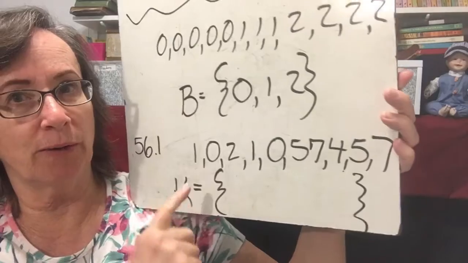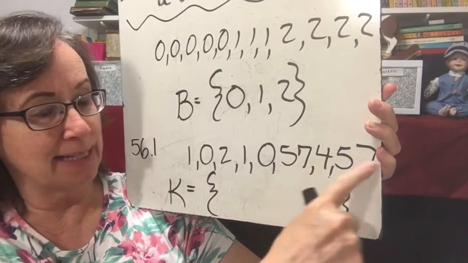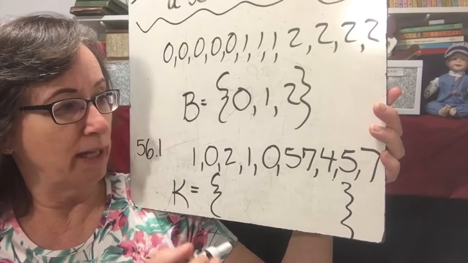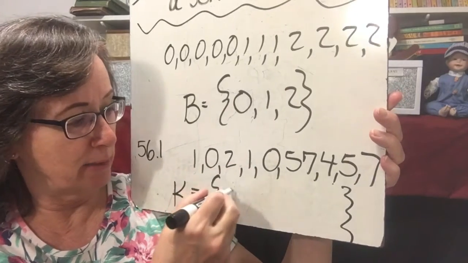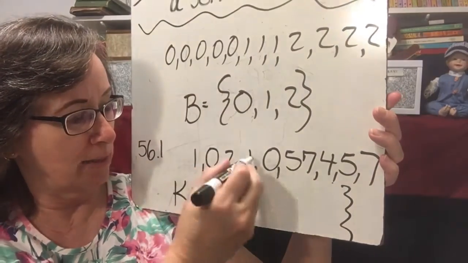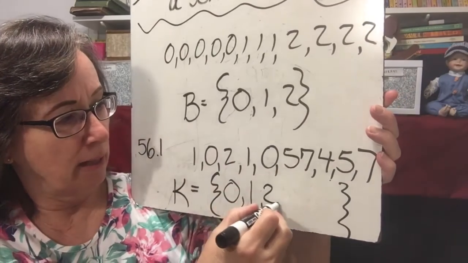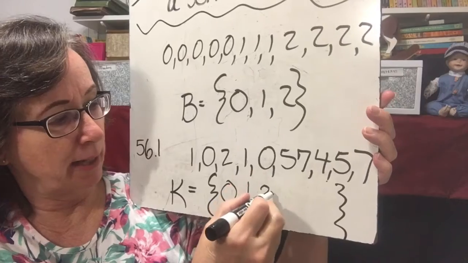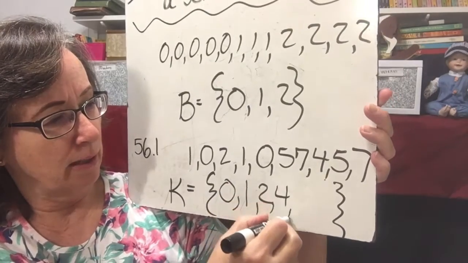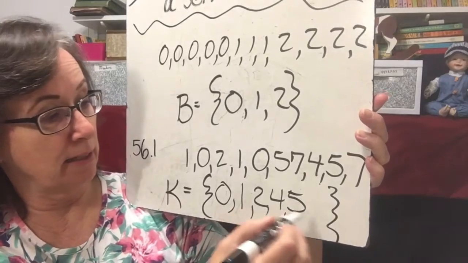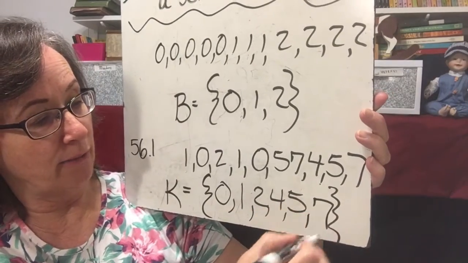All right, so if we were going to write this set of numbers as a set, we could start and say, well, I see some zeros. I see some ones. I see 1, 2. I see no threes, but I do see a 4. I see a 5. I see no 6s, but I do see a 7.